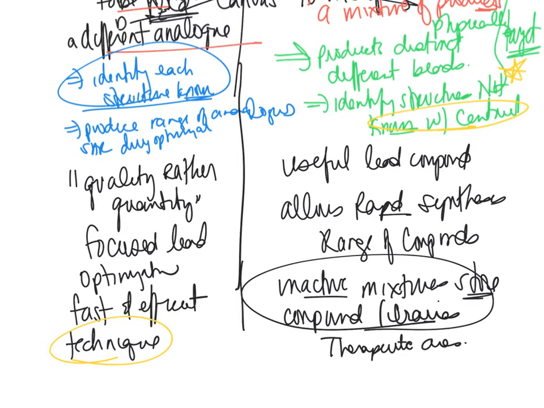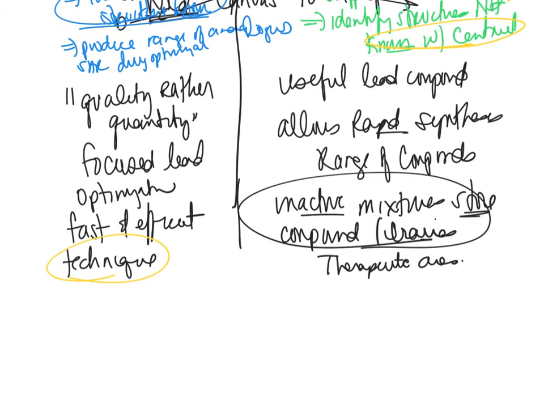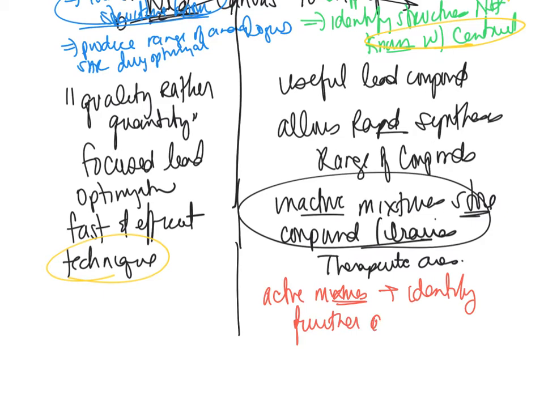So usually your goal is to make a very large library. Active mixtures, however, will be identified and further explored to identify the active component.